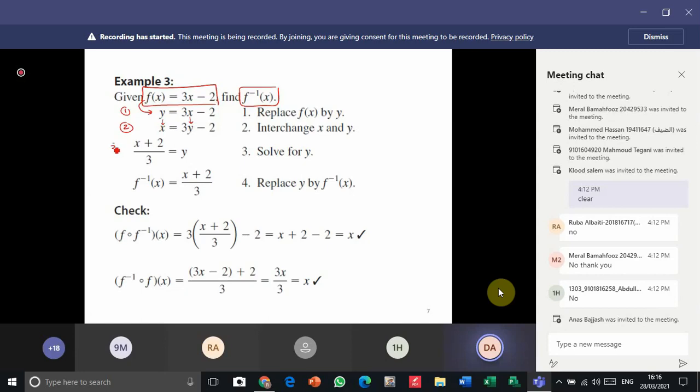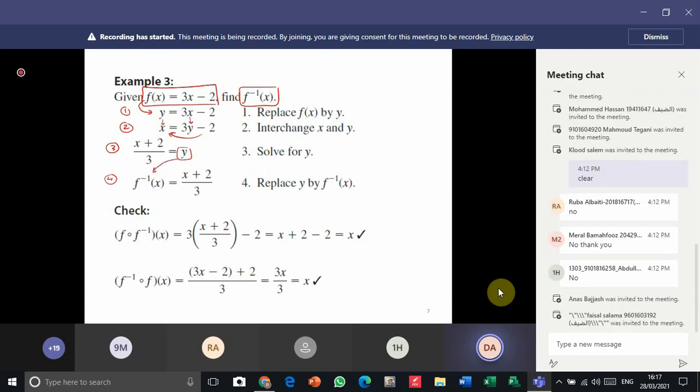The third step, move -2 and divide by 3 because we need y alone on one side. Okay, so y equals x plus 2 over 3. The last step, this y is the value of the inverse. So f inverse equals x plus 2 over 3.